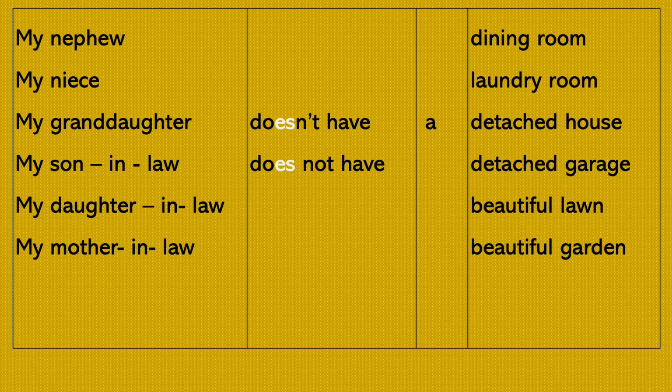My granddaughter doesn't have a detached house. My son-in-law does not have a detached garage. My daughter-in-law doesn't have a beautiful lawn. My mother-in-law does not have a beautiful garden.